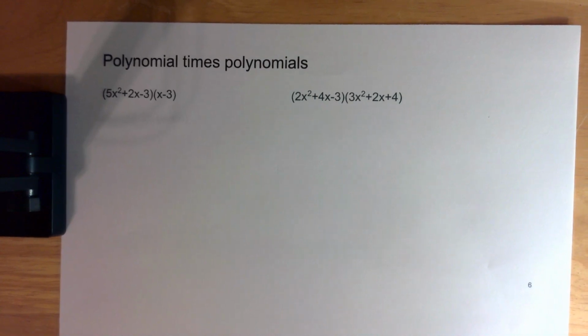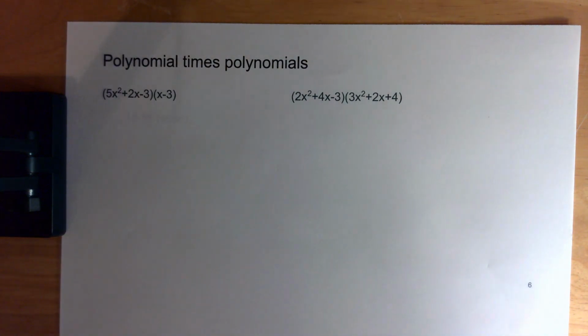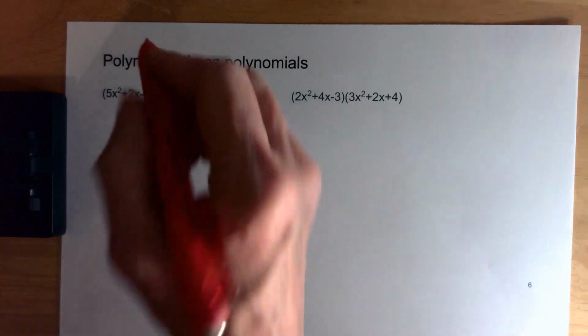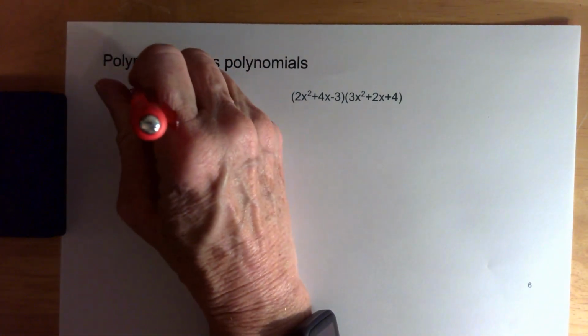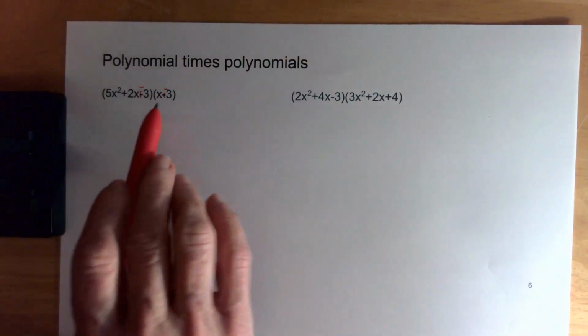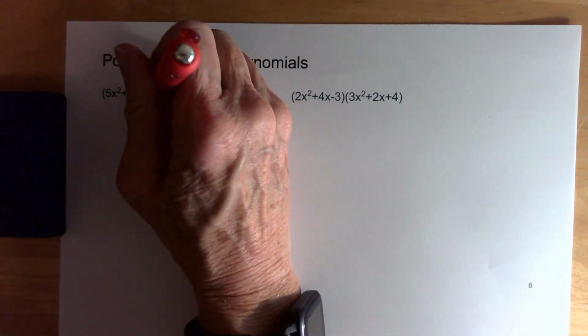Now, you can also have polynomials times polynomials. So if you have something besides a binomial times a binomial, then you have to do distributive property on these things. So I'm going to add the opposite here, and I'll add the opposite here, and I'm going to take x times each one of those.